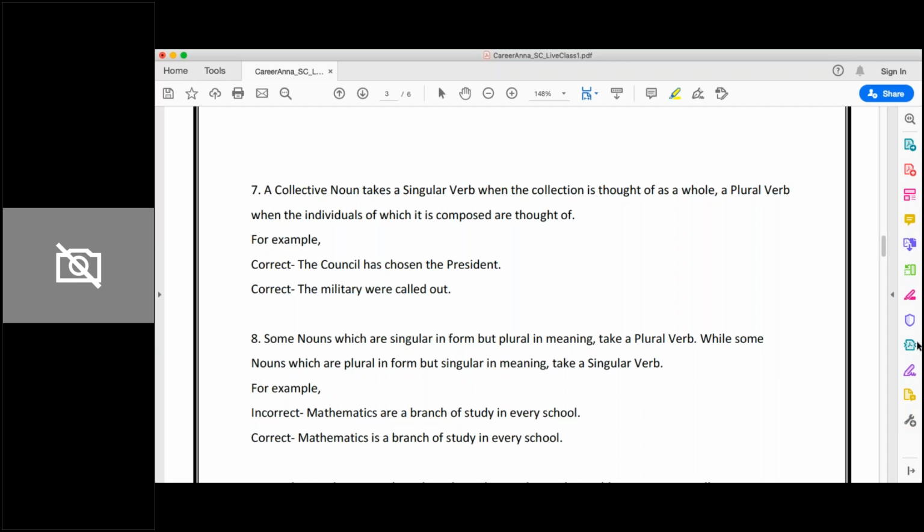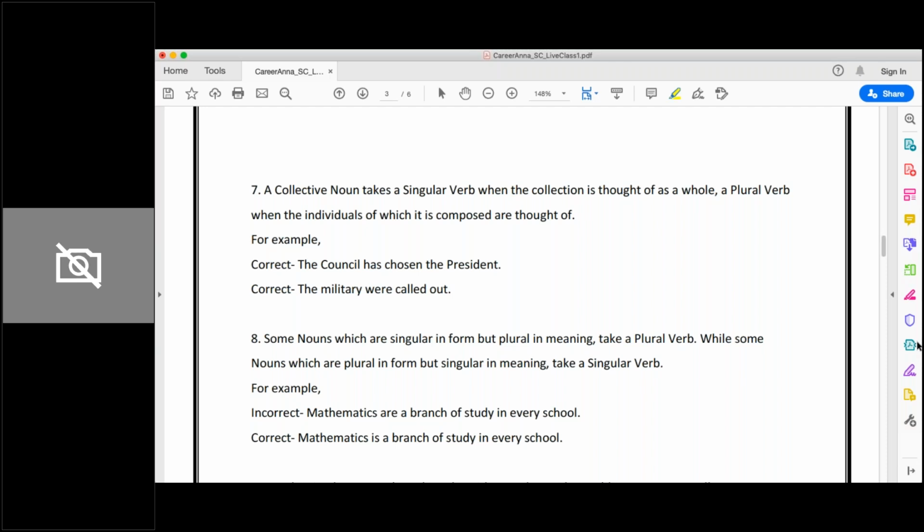Now, as a rule, and this is something which you can apply elsewhere as well, if my collective noun is for the countable nouns, I will treat it as a singular subject.